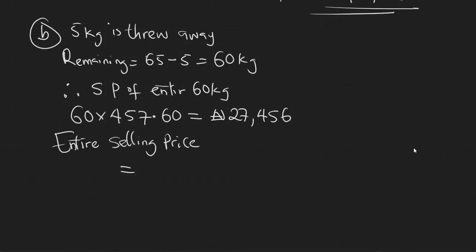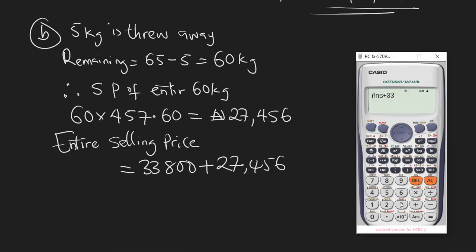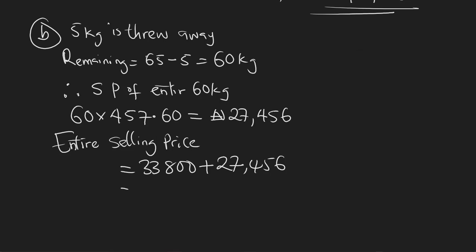So the entire selling price is 33,800 plus this, right? So let's add it and see. The answer is going to be 61,256. Now, this is the entire selling price.